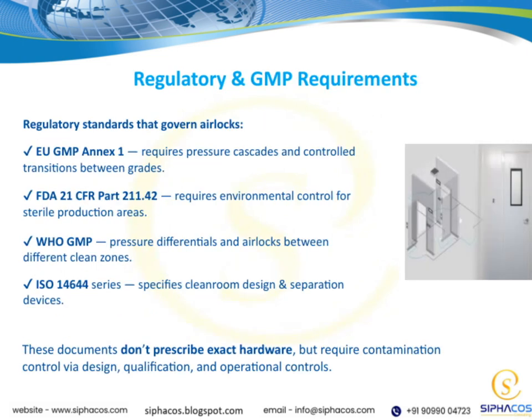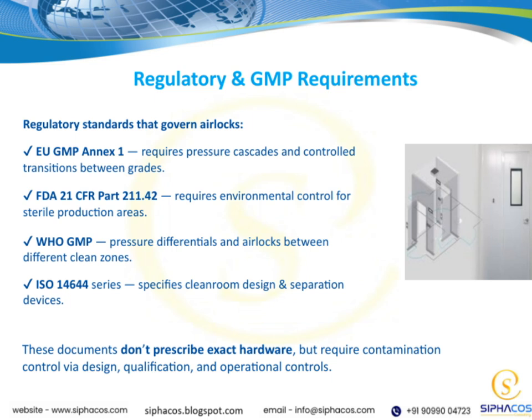These documents don't prescribe specific hardware requirements. Instead, they focus on ensuring contamination control through thoughtful design, qualification, and operational controls. When it comes to regulatory and GMP requirements, there are several key standards that govern airlocks. For example, the EU GMP Annex 1 emphasizes the importance of pressure cascades and controlled transitions between different clean grades. This helps prevent contamination from spreading.